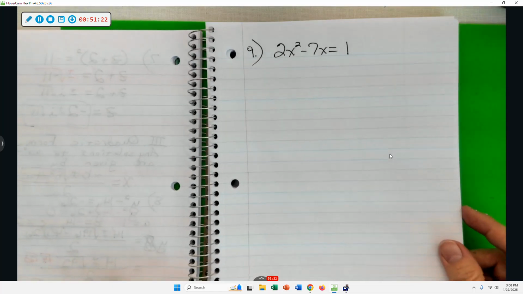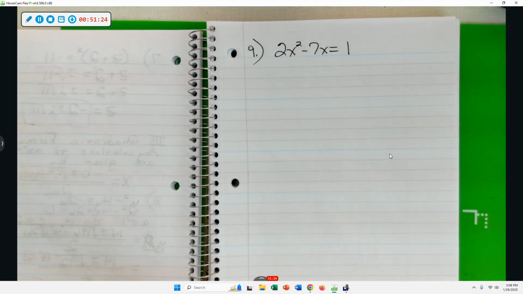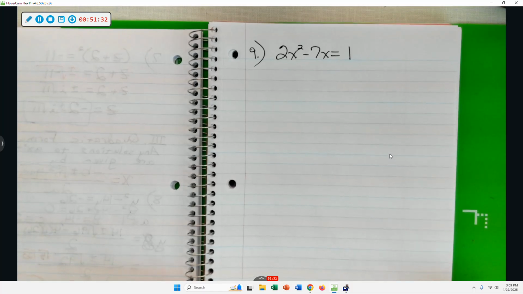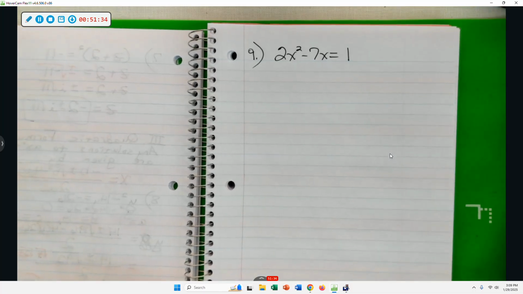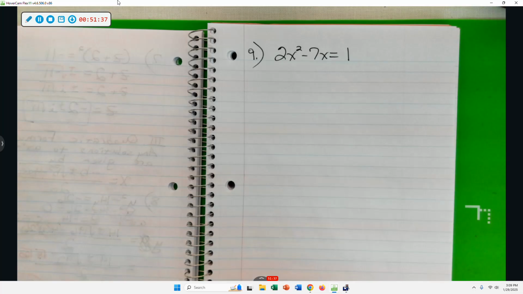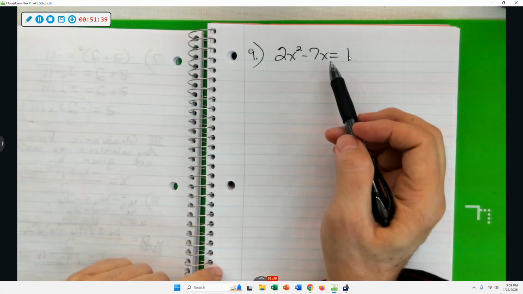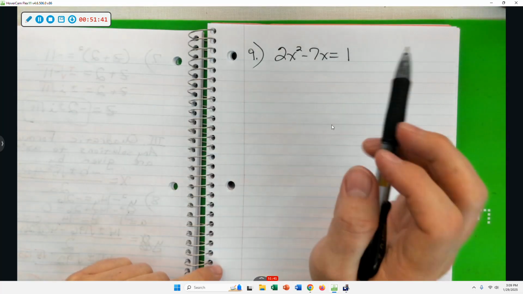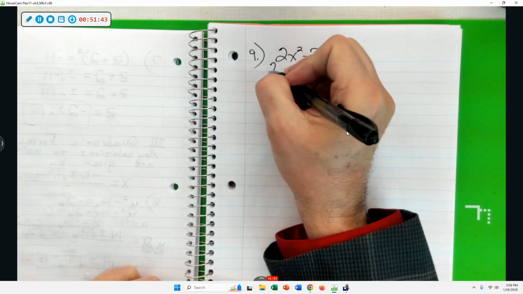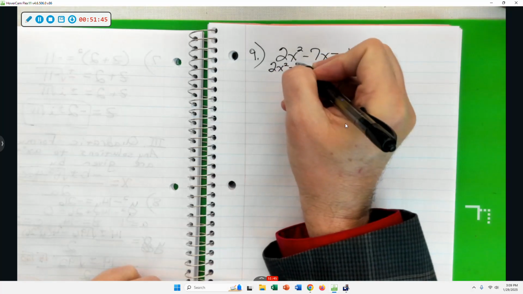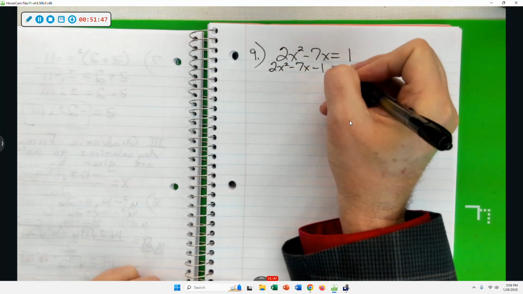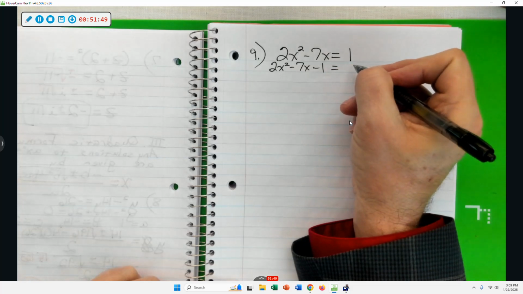Okay, there's really only one correct first step, whether you're going to try to solve this by factoring or the quadratic formula. What is it? Subtract 1. Subtract the 1. You need it in descending order on one side and 0 on the other. So we have 2x squared minus 7x minus 1 equals 0.